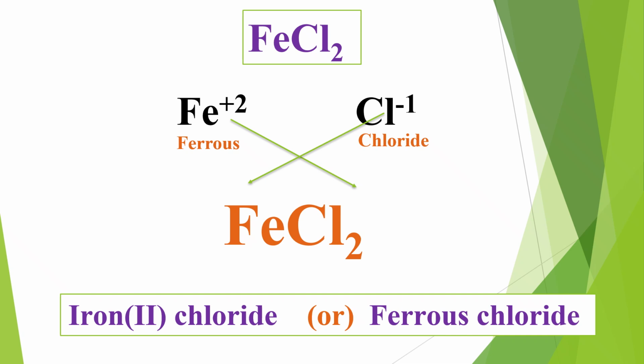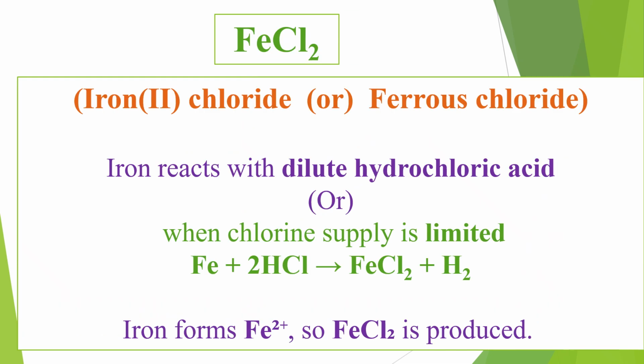Then it is nothing but FeCl2, ferrous chloride or iron 2 chloride. Ferrous chloride is formed when iron reacts with dilute HCl or with a limited supply of chlorine. That is in the +2 oxidation state.